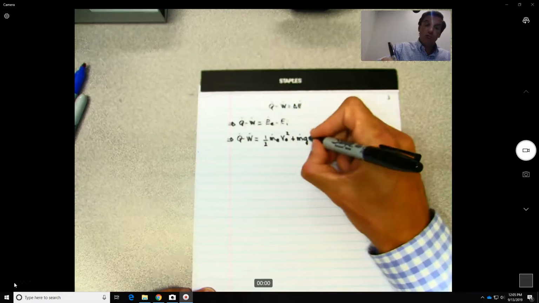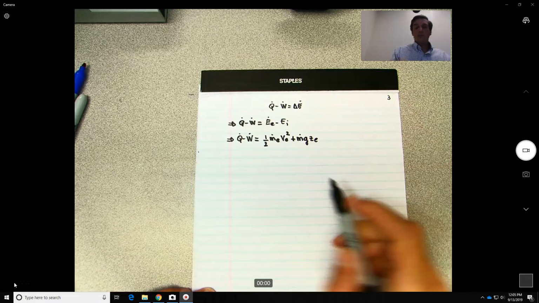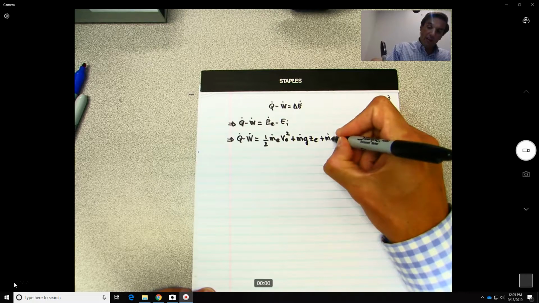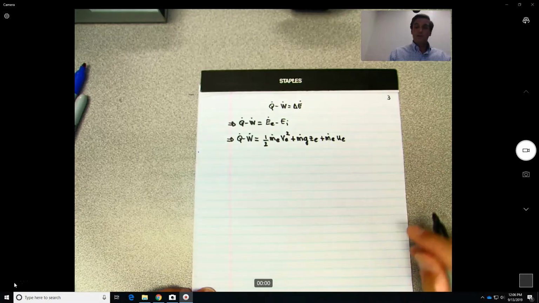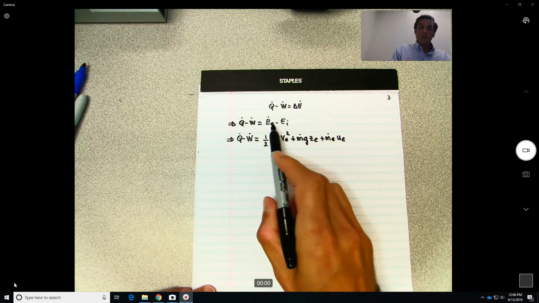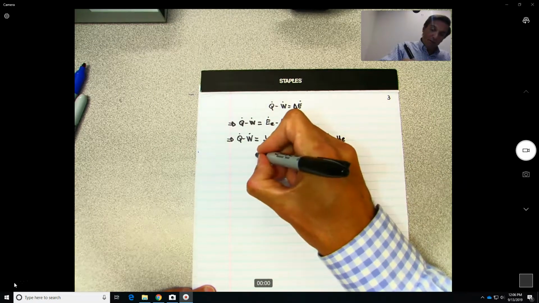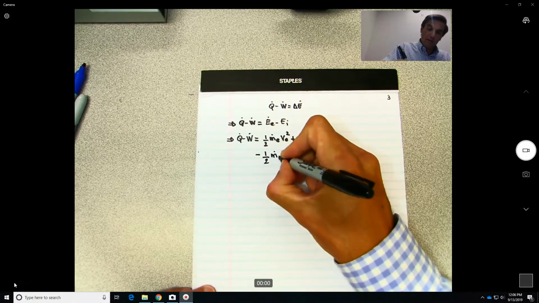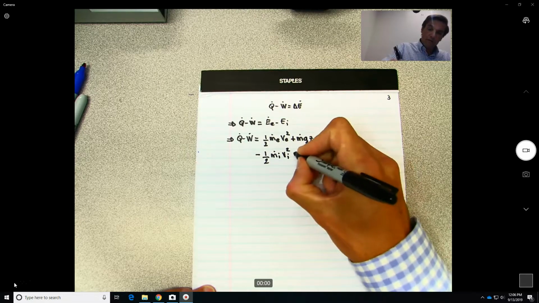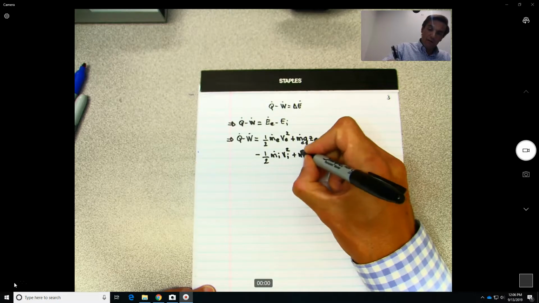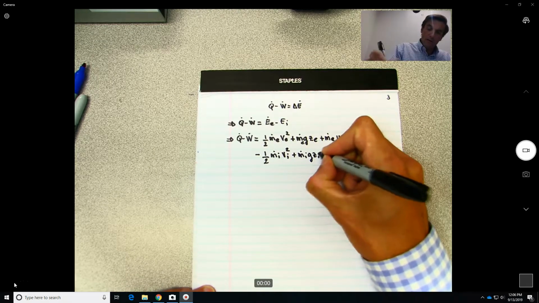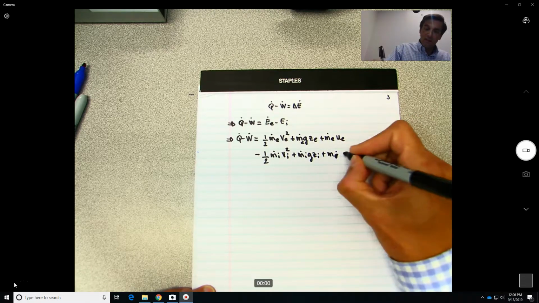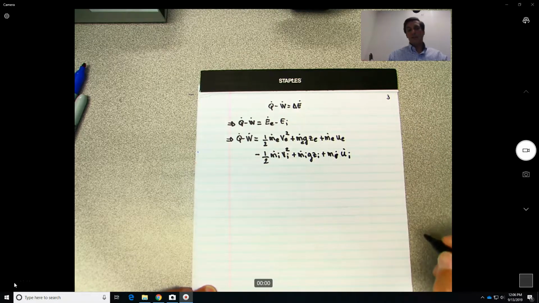Instead of h, I'm going to use the letter z. Z exit, so kinetic, potential, plus m dot exit u exit for the internal energy. So this will be the E exit, and we have something similar for the incoming energy, with I for inlet.